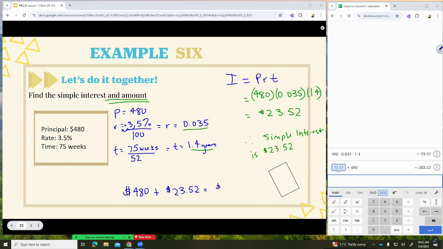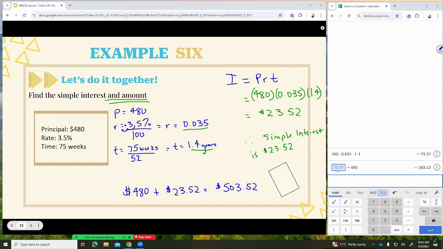By the end of the 75 weeks, we would have $503.52 to our name. We put in $480 and we just let it sit there. We kept it in the bank. We let it gain interest. The bank, for borrowing our money, having our money sit there for them to use, paid us in interest. They're giving us $23.52.